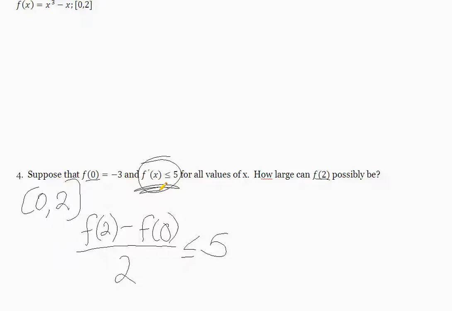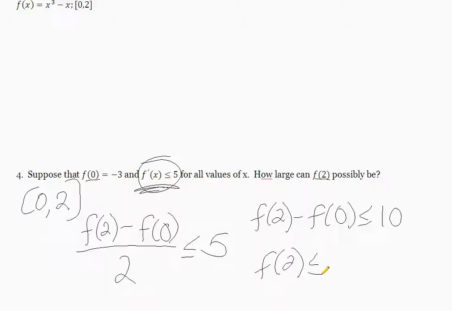So now I could actually solve this. What do we get? f of 2 minus f of 0 is less than or equal to 10. So f of 2 must be less than or equal to what? f of 0 I know is -3, so this is going to be plus 3. From the problem, it would turn into f of 2 plus 3 is less than or equal to 10.